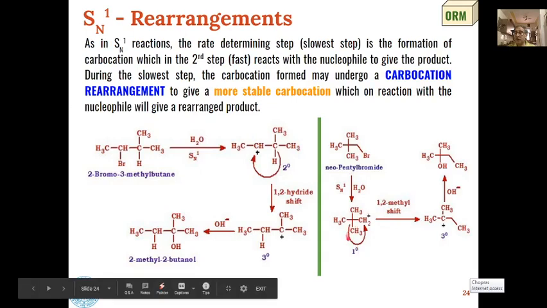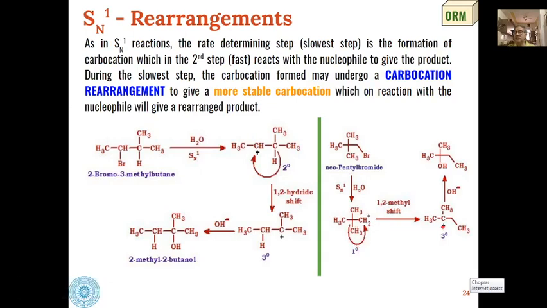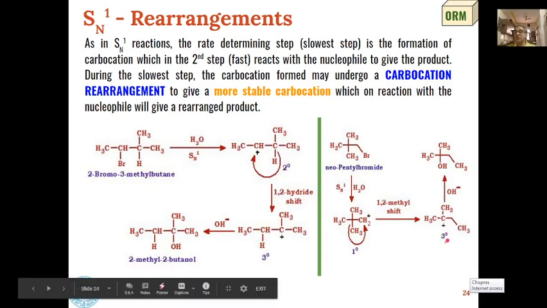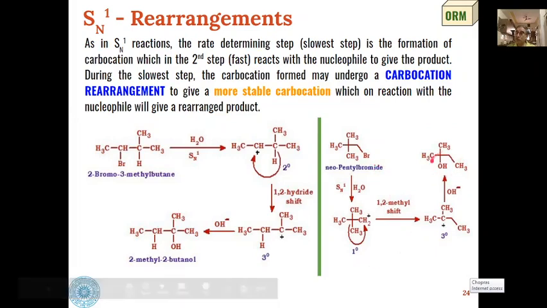If a 1,2-methyl shift takes place, then this will change into a more stable tertiary carbocation, and the product is formed from the tertiary carbocation, not from the primary carbocation. So that means the nucleophile has attached to a carbon other than the one to which the halogen was attached. So this is again an example of a rearranged product.